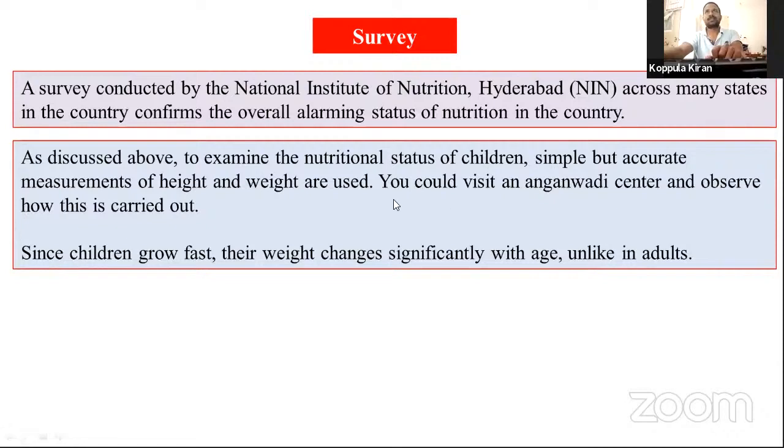See this, if you visit the Anganwadi center, there is a height and weight measurement chart available. That is also known as BMI, body mass index. Our body mass index refers to height and weight. Since children grow fast, their weight changes significantly with age, unlike in adults.